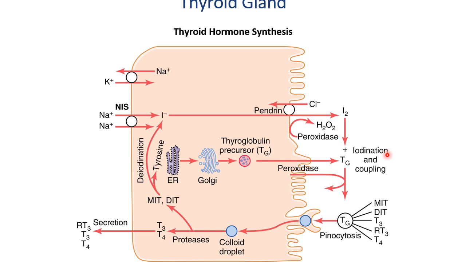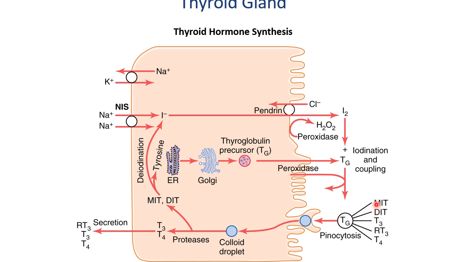Organification. You are making the inorganic iodine and incorporating it into an amino acid, which is an organic molecule. That is why it is called organification. So it is a two-part process of iodination and coupling. So after this, you will have thyroglobulin, which has a lot of iodine containing tyrosine.